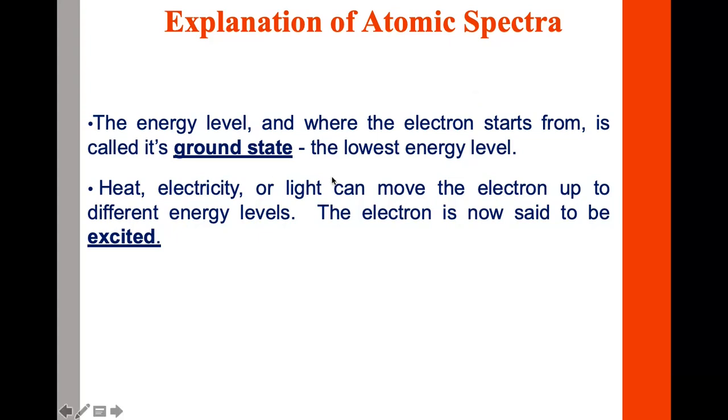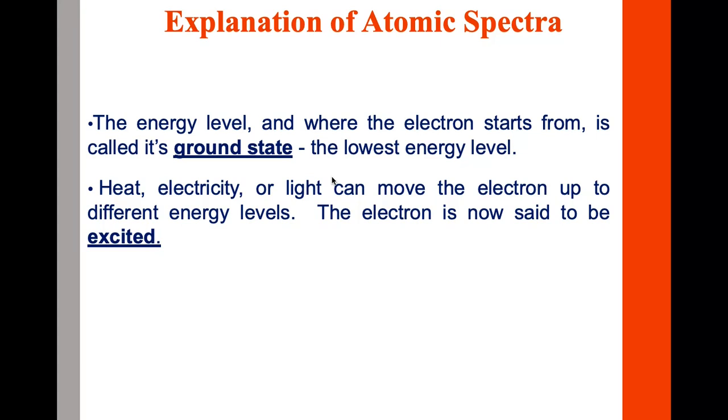Okay, so on this slide, we are going to look at two different vocabulary words. The first one is ground state. What do we mean by ground state? Well, this is the energy level where electrons start from. This is the lowest energy level. This is where the electrons are present around the nucleus in their ground state.